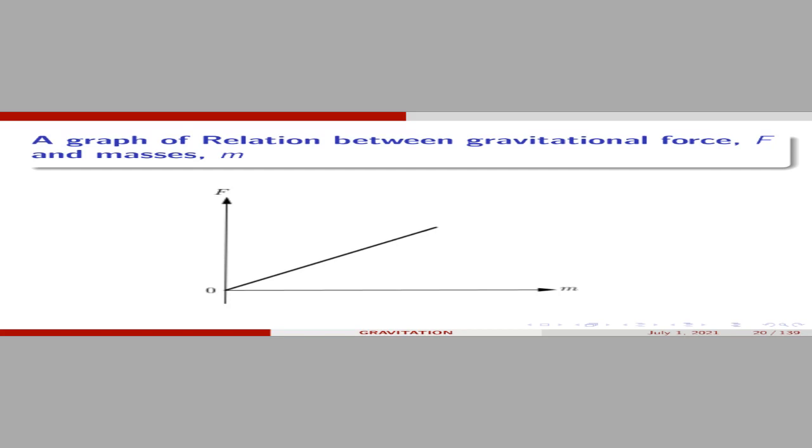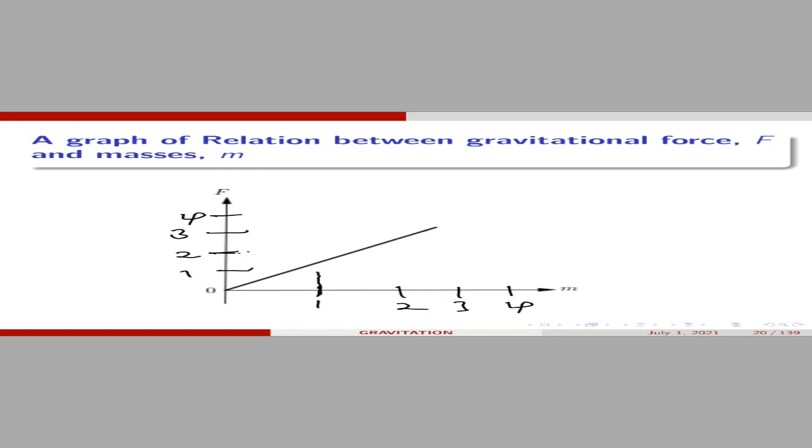What is the meaning of this graph? This graph also means that when F is increasing, M is increasing. Let's look at this. I'm doing the graduation on the graph. 1, 2, 3, 4. 1, 2, 3, 4.